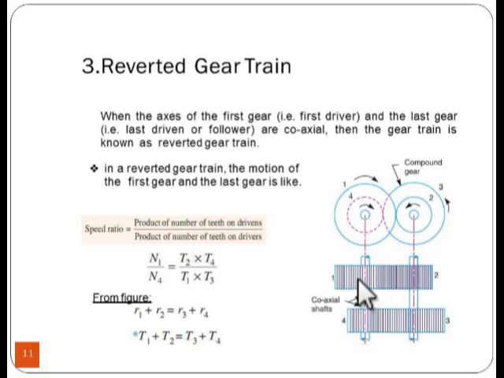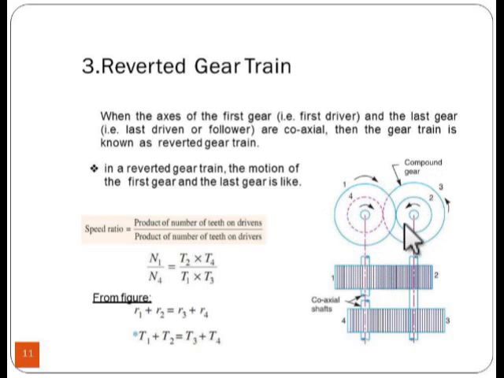If 1 rotates, 1 meshes with 2, so 2 rotates. If 2 rotates, 3 rotates at the same speed. As I said, it's on the same shaft, so it's at the same speed. Then from 3 it gets transferred to 4. Now you see, in case of a reverted gear train, as it is coaxial, the radius will be R1 plus R2 because it has the same centers.